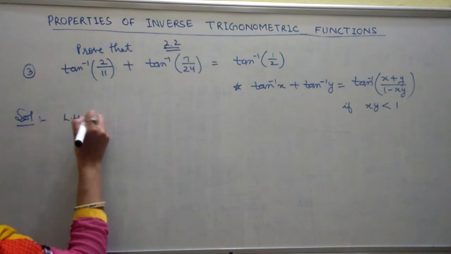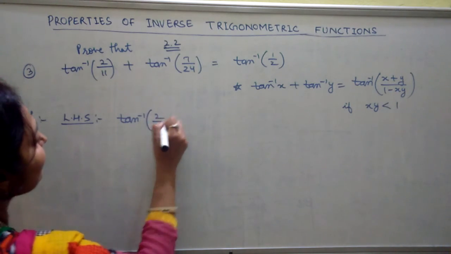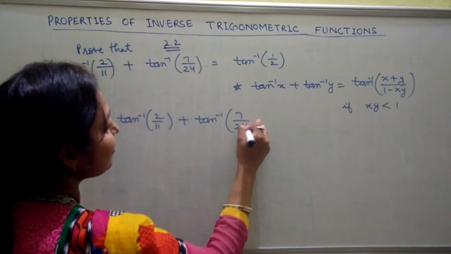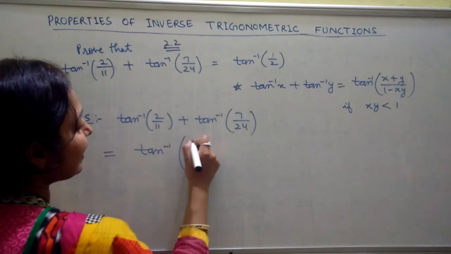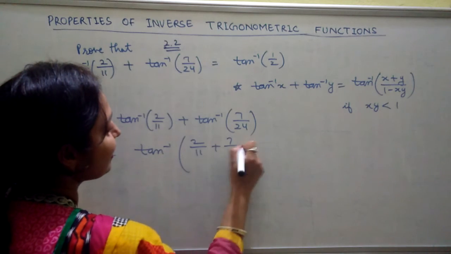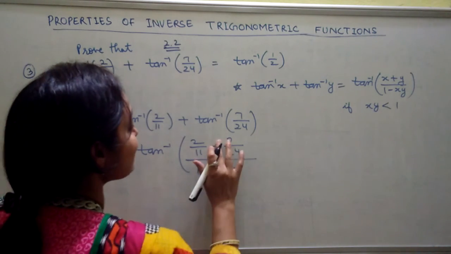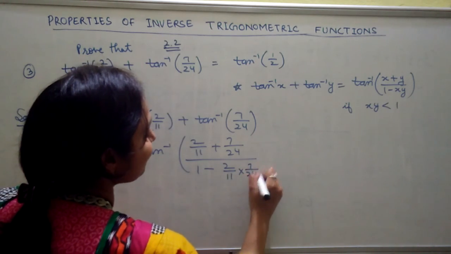Okay, so I will start the solution. Take the left hand side, that is tan inverse 2 by 11 plus tan inverse 7 by 24. Apply that formula: tan inverse of a plus b upon 1 minus a b, that is 2 by 11 plus 7 by 24 upon 1 minus 2 by 11 into 7 by 24.